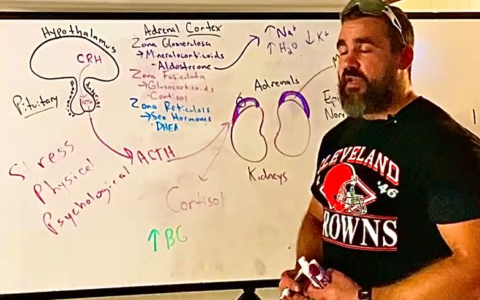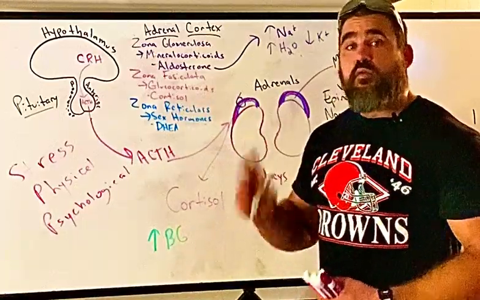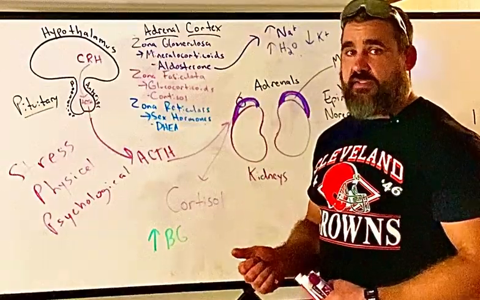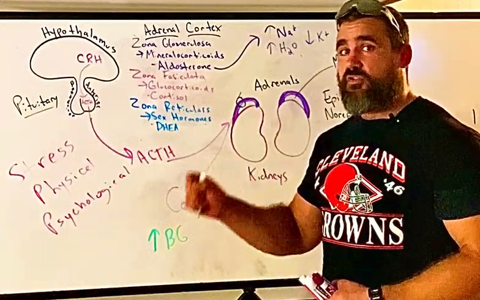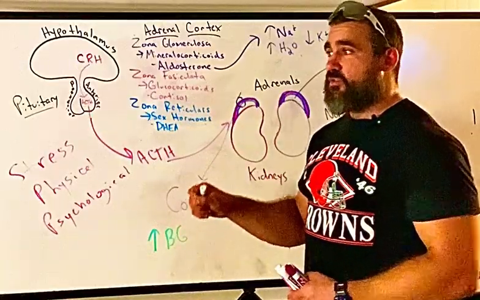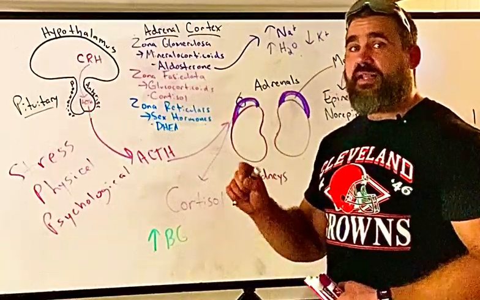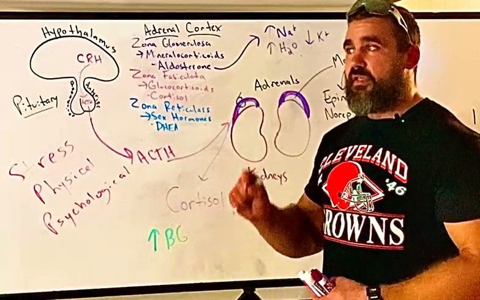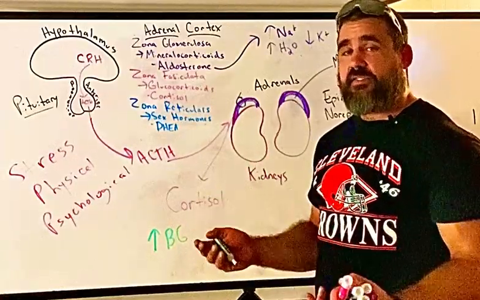Now, how does it do this? I don't want to get into too much detail. It goes to the liver. The two main processes at the liver: glycogenolysis, so breaking down stored glycogen in the liver, and the other process, especially if glycogen stores are low, gluconeogenesis, right? Glucose, new, and anything genesis is creation.